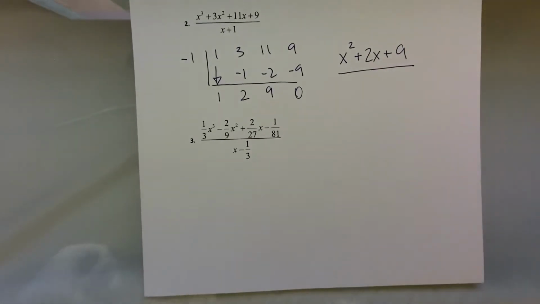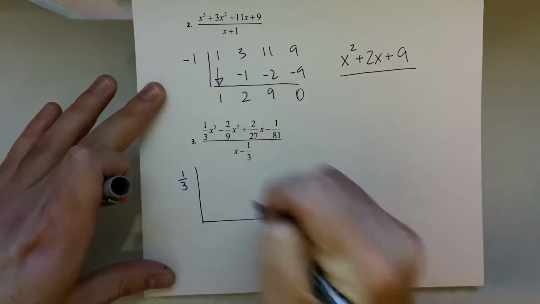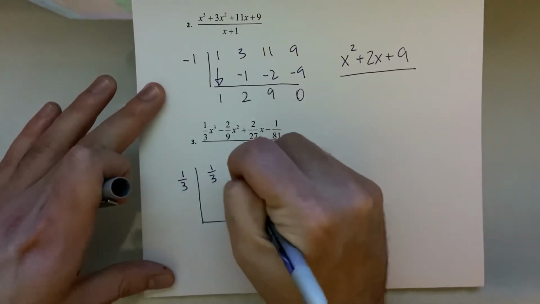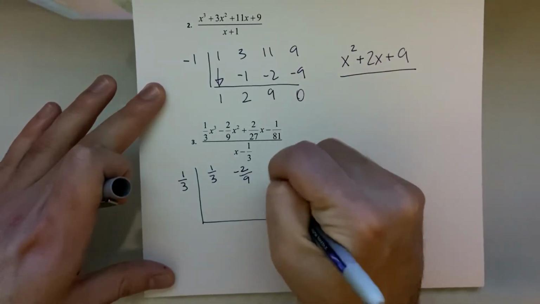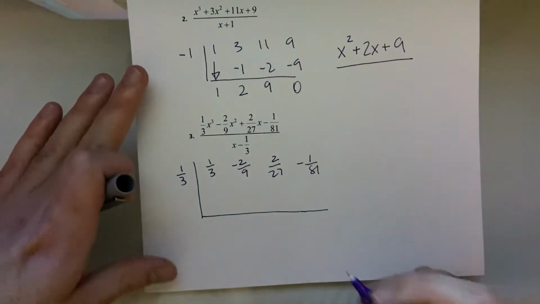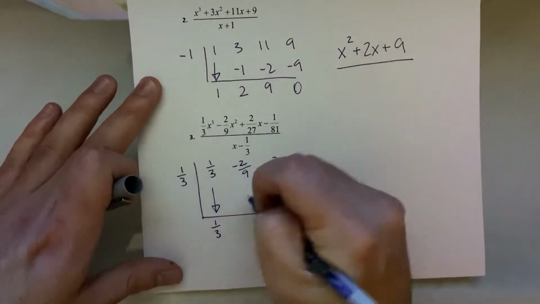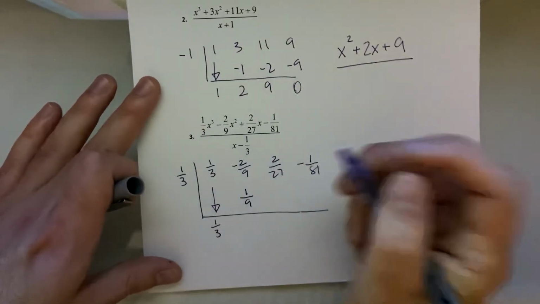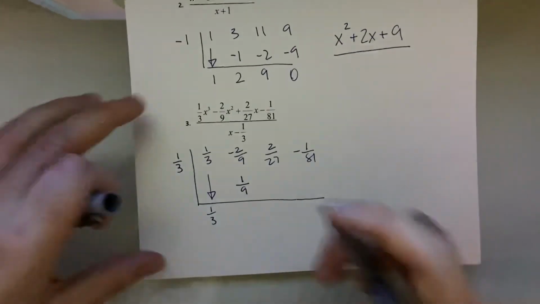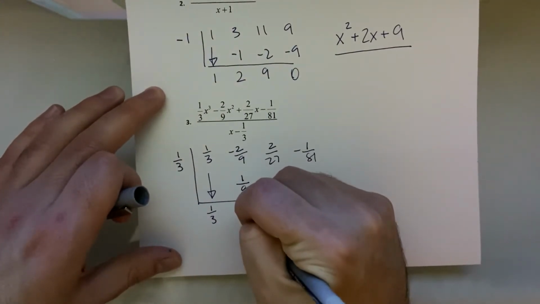Now technically we can do this with fractions as well, whether you like it or not. 1/3, negative 2/9, 2/27, negative 1/81. 1/3 comes down. 1/3 times 1/3 is 1/9. At least these have a common denominator. Negative 2/9 plus 1/9 is negative 1/9.